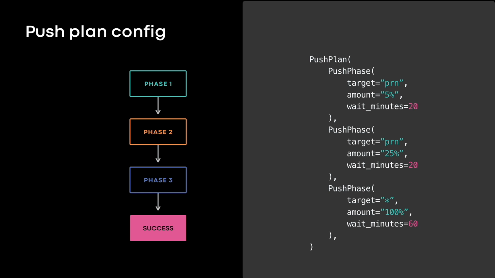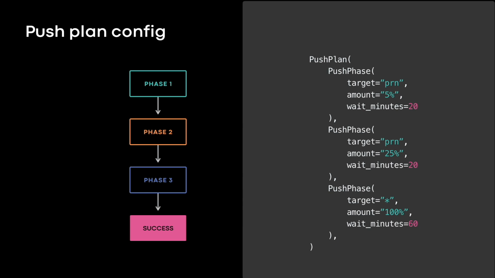Now, a push plan is an intent-based execution plan for your deployment, exported via a Python push plan config. Now, this push plan config consists of various phases, where each phase consists of a target, an update amount, and an amount of time to wait before proceeding to the next phase. In this case, we have a push plan consisting of 3 phases.